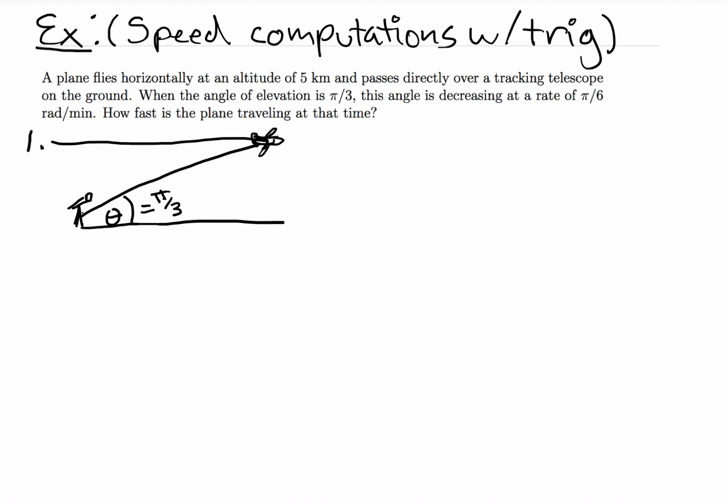That angle is shrinking. The reason is that if the plane flies over and keeps going, and I drew a segment from way over here, you'll notice we get a smaller angle. So the further the plane goes off, the more that angle's going to shrink.